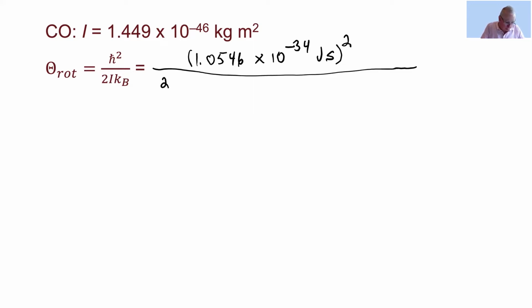I have a 2. I have my moment of inertia from up above. And I have the Boltzmann constant.